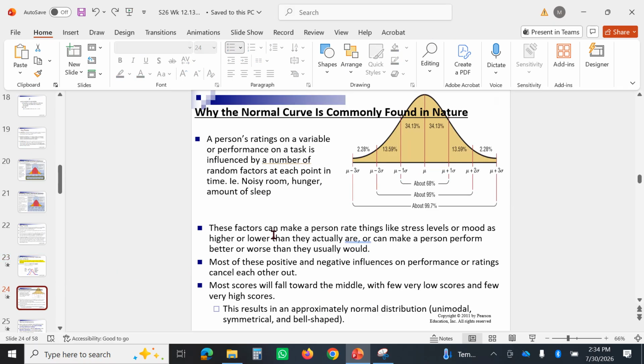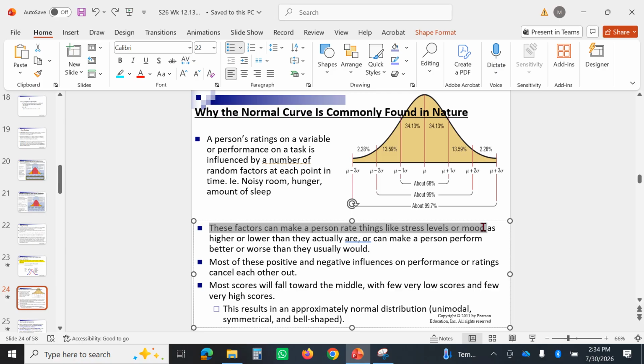So, why is the normal curve commonly found in nature? Again, a person's rating on a variable or performance on a task is influenced by a number of random factors at each point in time. Noisy room, hunger, amount of sleep, whatever it is. These factors can make a person rate things like stress level or mood as higher or lower than what they actually are, or can make a person perform better or worse than they usually would.